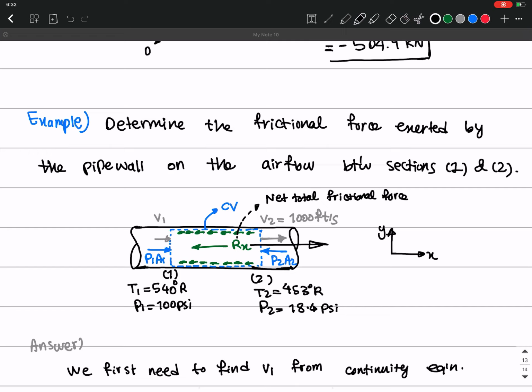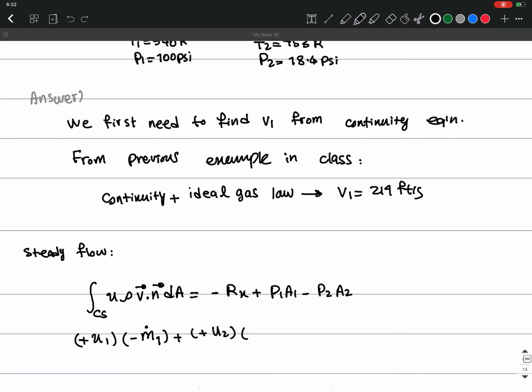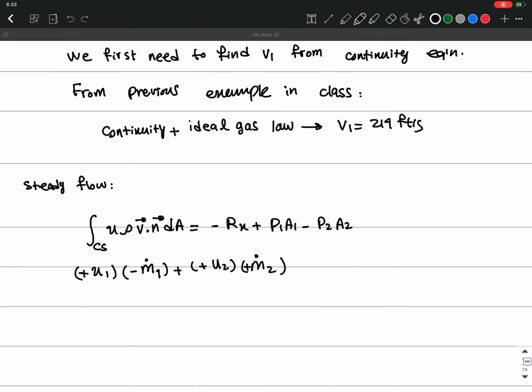It's going out of the control volume, so it should have a positive sign. So I'm going to write it as plus m dot 2. And this is how you can write this integral, right? If you can't remember this integral, it is nothing other than u in that direction times m dot at that section, right? So the inflow, the mass flow rate, right?